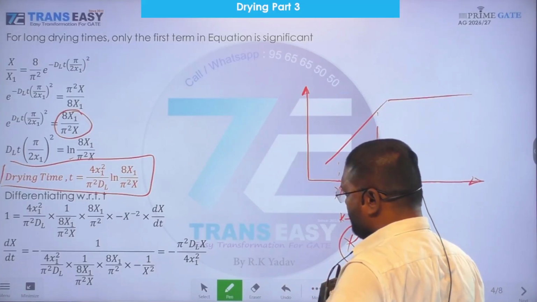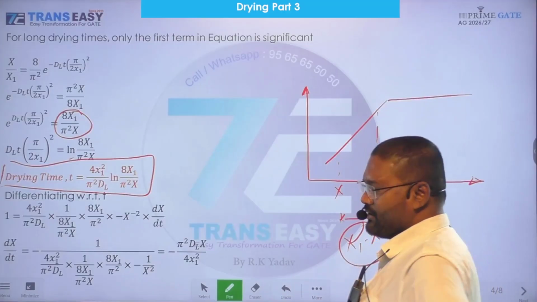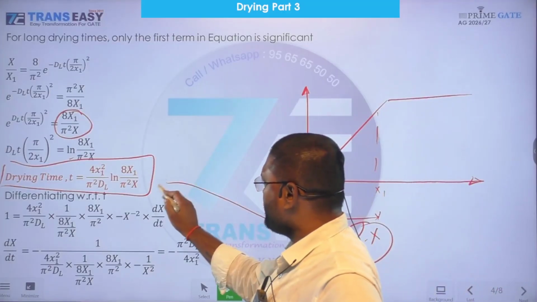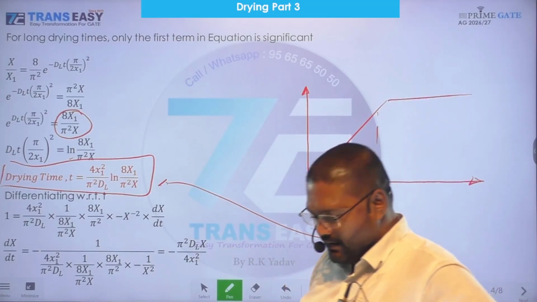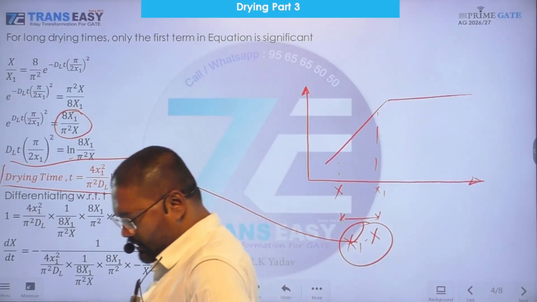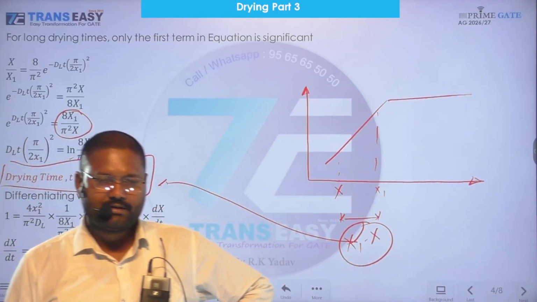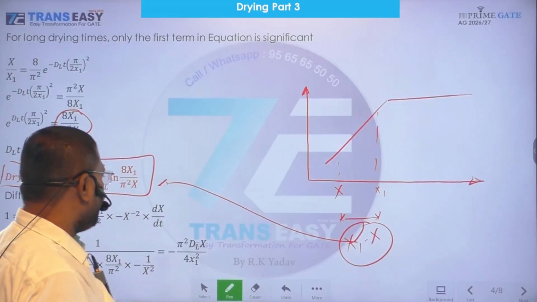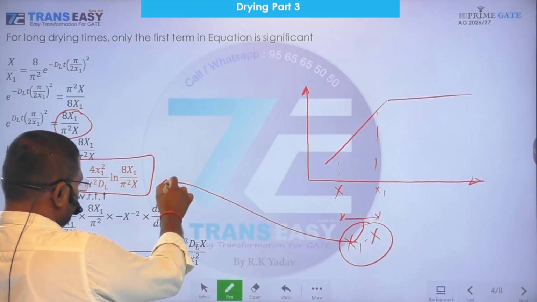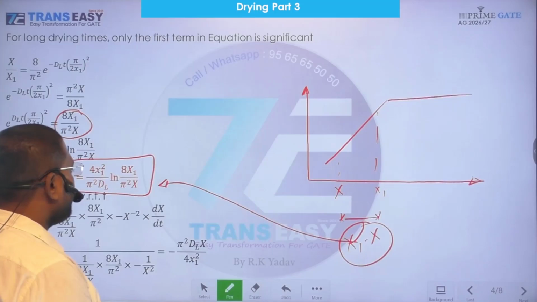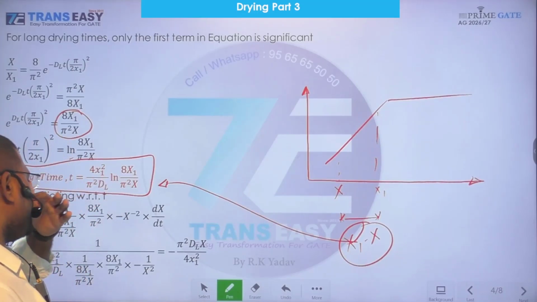For this amount of moisture reduction in falling rate drying period, this is the time taken. So we can usually apply this formula. Just memorize this result. And easily we will put in the data and the answer will come.